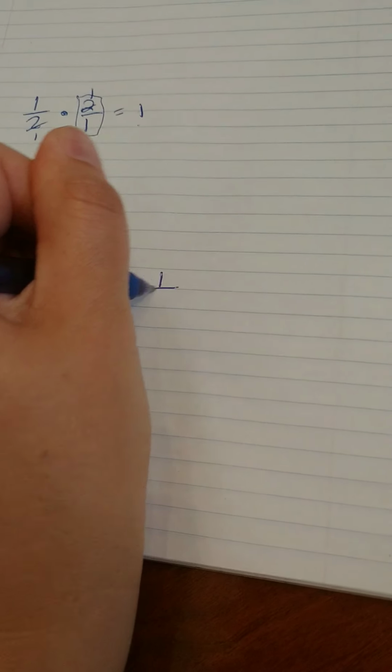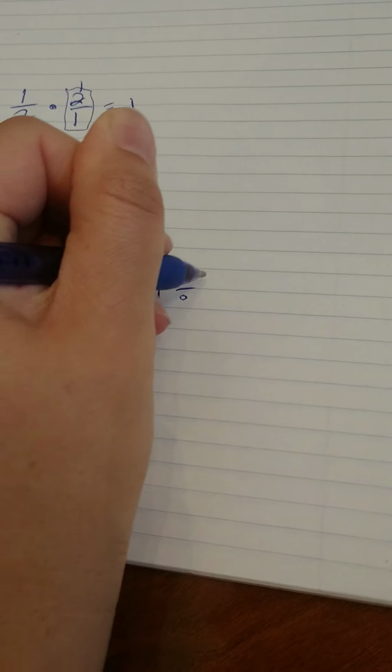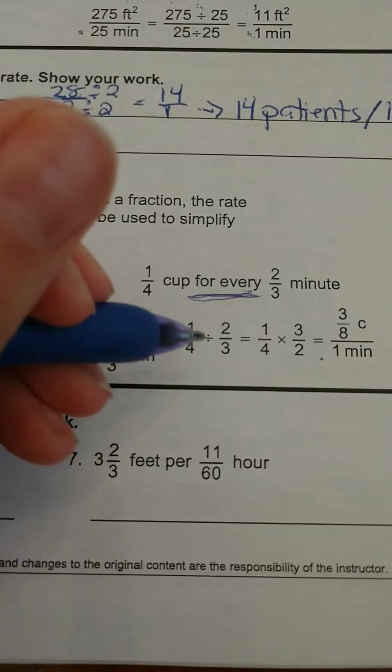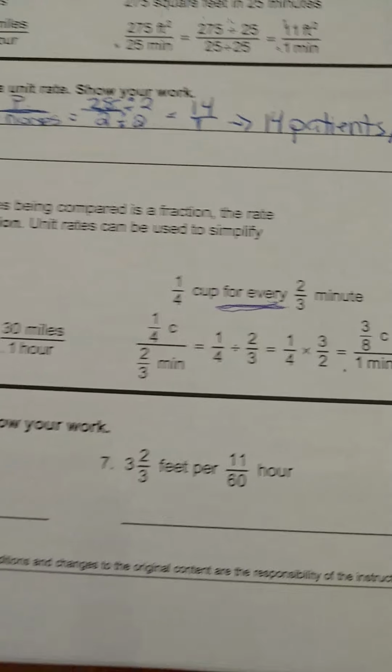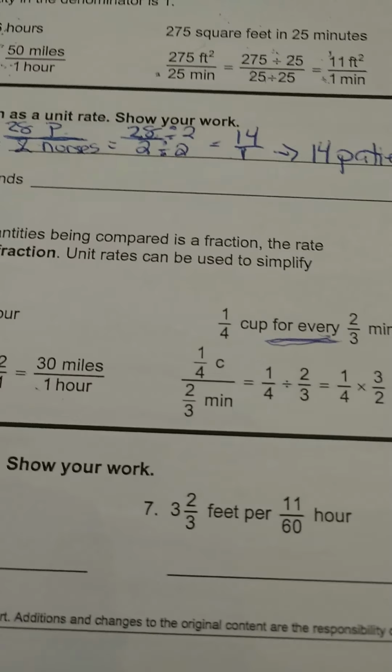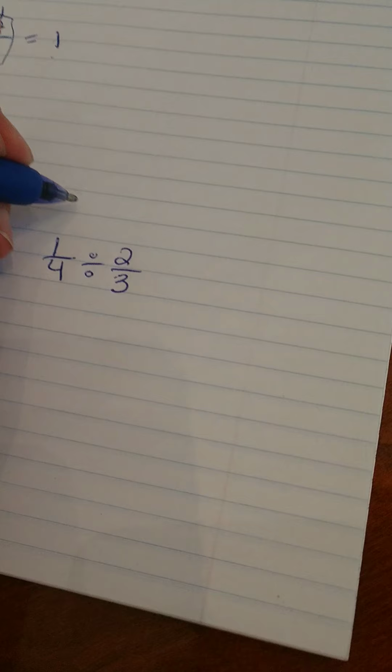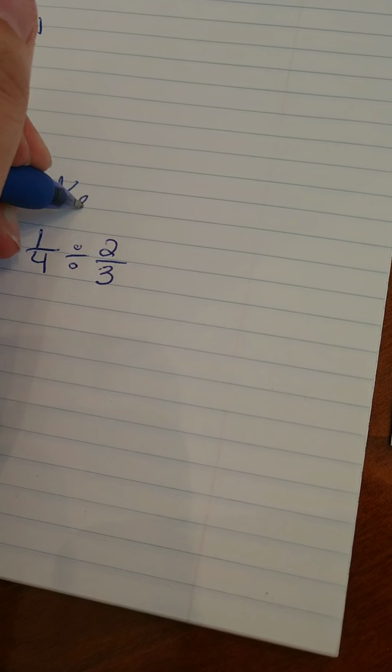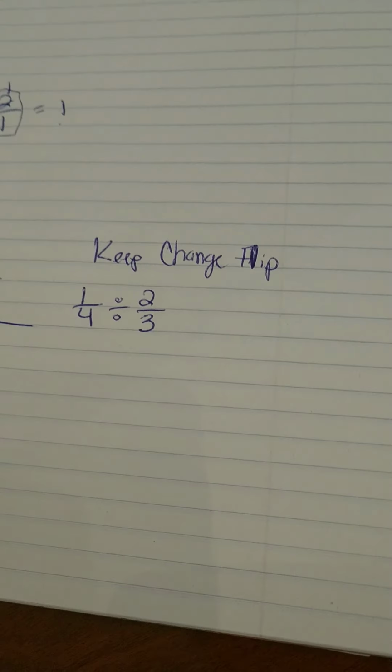So if we rewrite this as 1/4 divided by 2/3, just as they did here, now we go back to what you guys mainly know as keep, change, flip. Keep, change, flip.